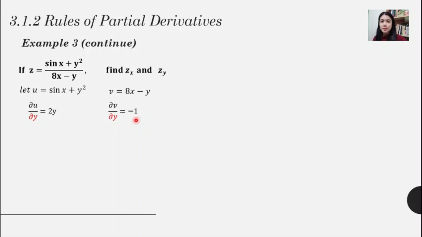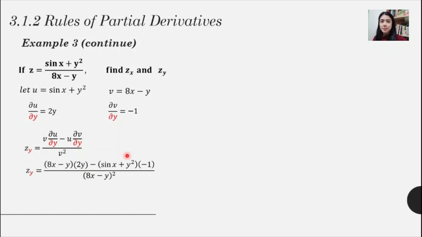Now apply the formula of the quotient rule. Then this is the formula. Just be careful with the symbol. If this is y, this is ∂y, this is ∂y. Now we're going to do the substitution. So this is your v. Your v is 8x minus y, 8x minus y. And you have ∂u/∂y. So your ∂u/∂y is 2y. So this is 2y here.